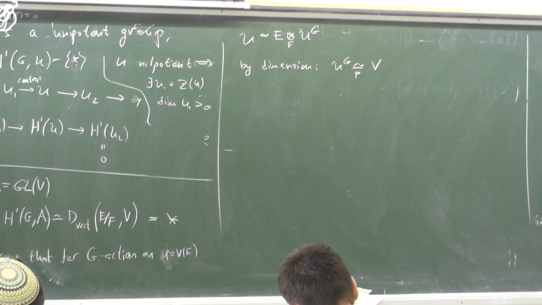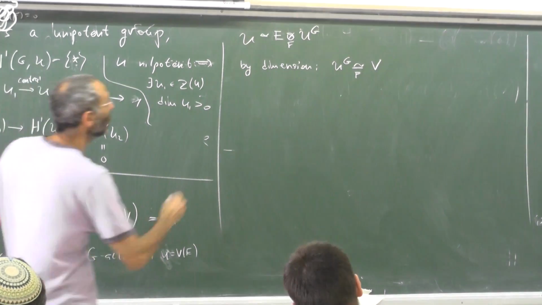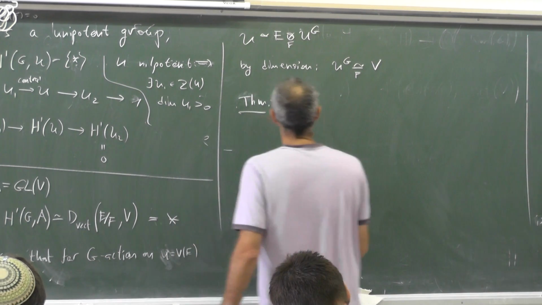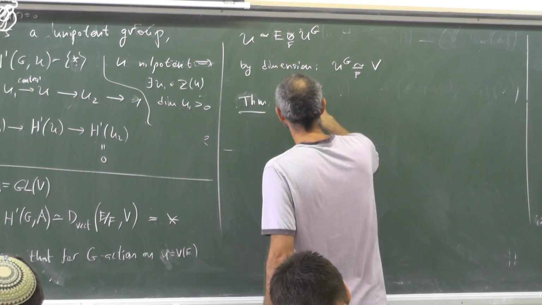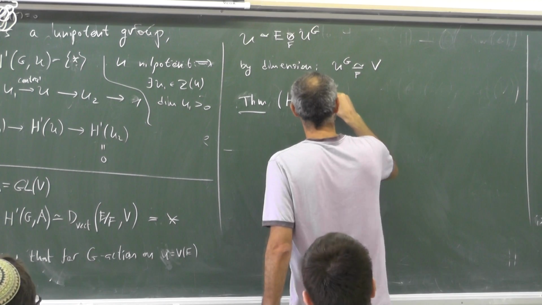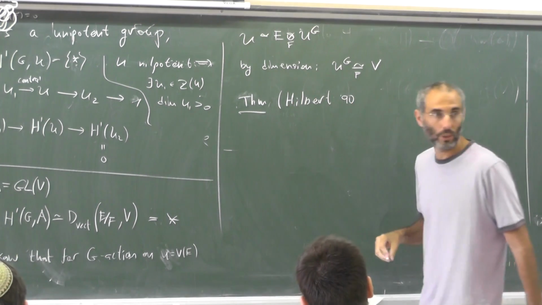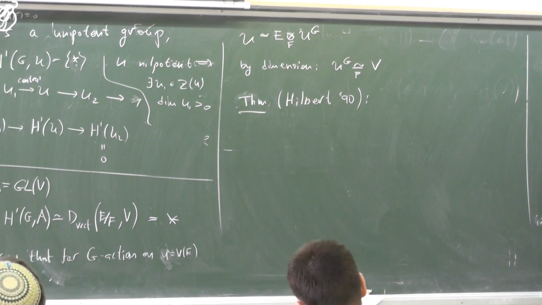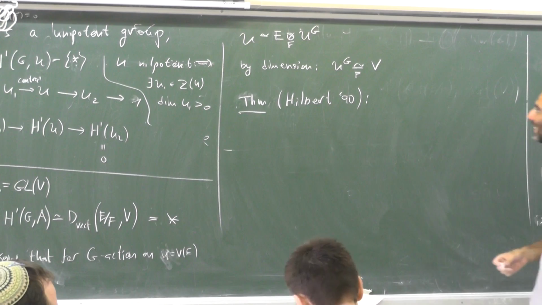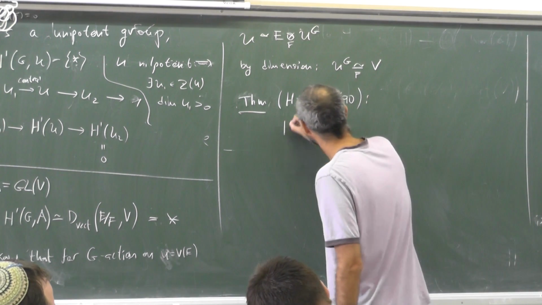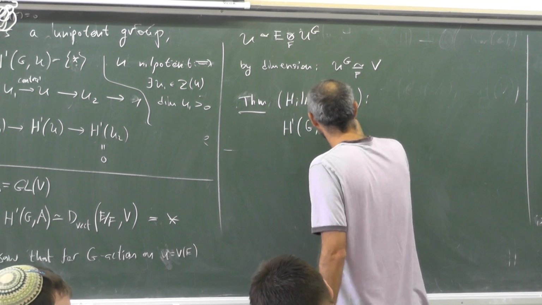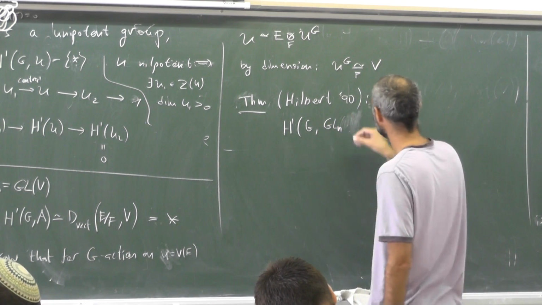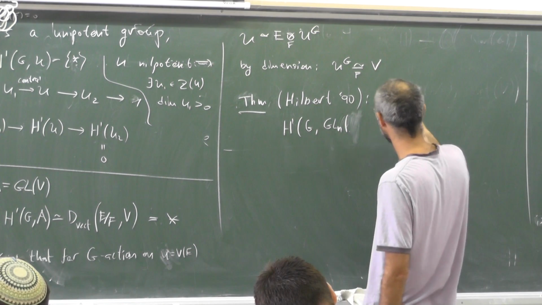Even in the case... so let me summarize it. We have this theorem, which sometimes is called Hilbert 90. In the case of dimension 1, it was proven by Hilbert. This was probably the first cohomological proof that H^1(G, GL_n) is trivial.